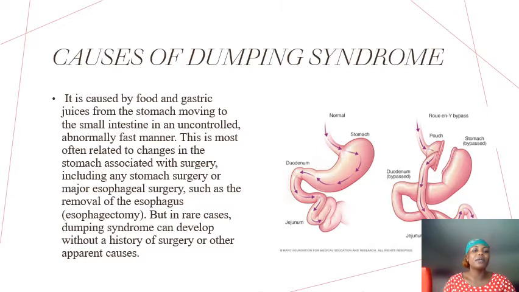This is most often related to changes in the stomach associated with surgery, including any stomach surgery or major esophageal surgery, such as the removal of the esophagus, which is esophagectomy. But in rare cases, dumping syndrome can develop without a history of surgery or other apparent causes. So we have to be mindful of the amount of sugar we are consuming.